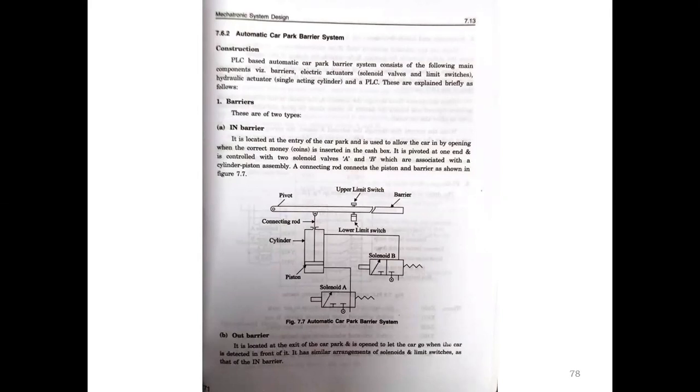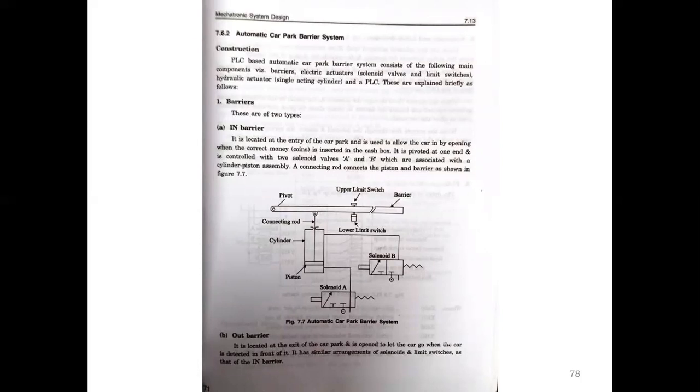That is the automatic car park barrier system. In most countries they have automatic car park barrier systems. They are fitted at rented places for traffic handling. If you put 100 rupees in a parking system, it will calculate through the barrier system.